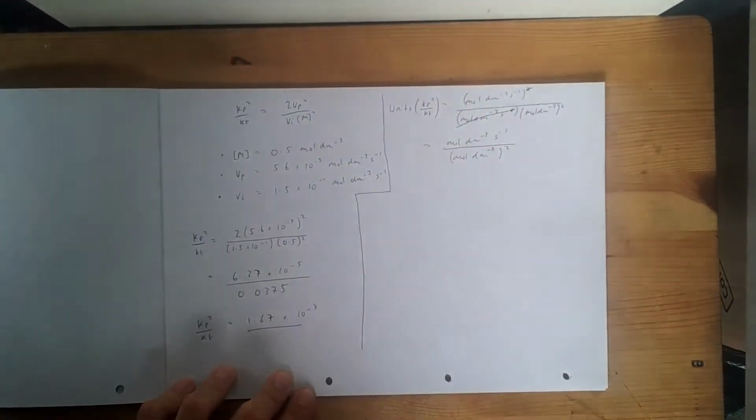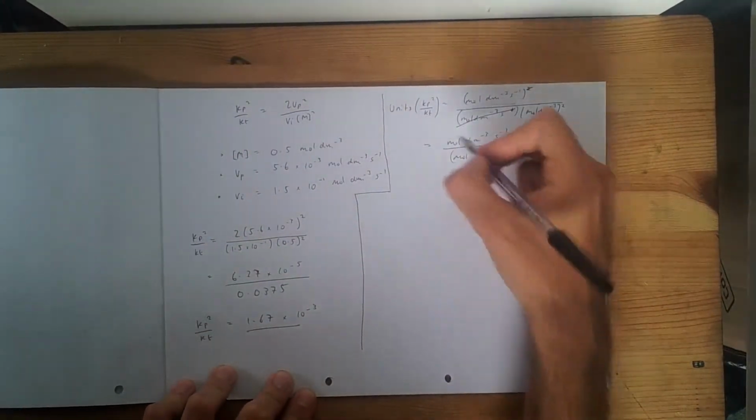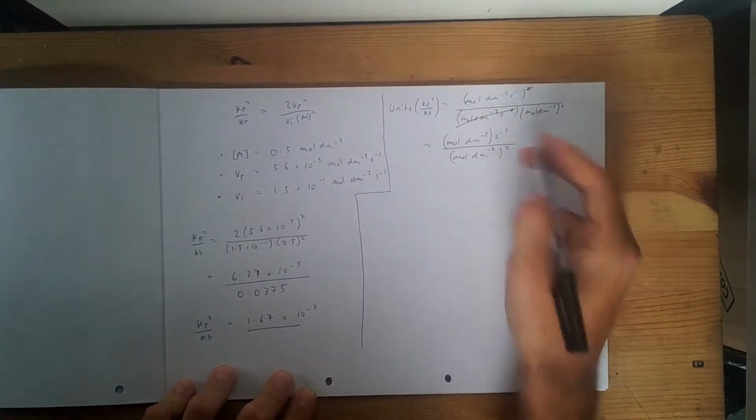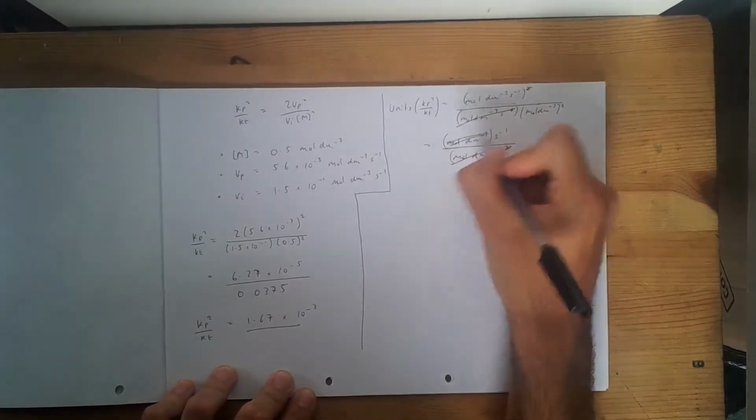Next we can see the same thing basically: we have a square here and this term here, so we can cancel the square and the whole term out.